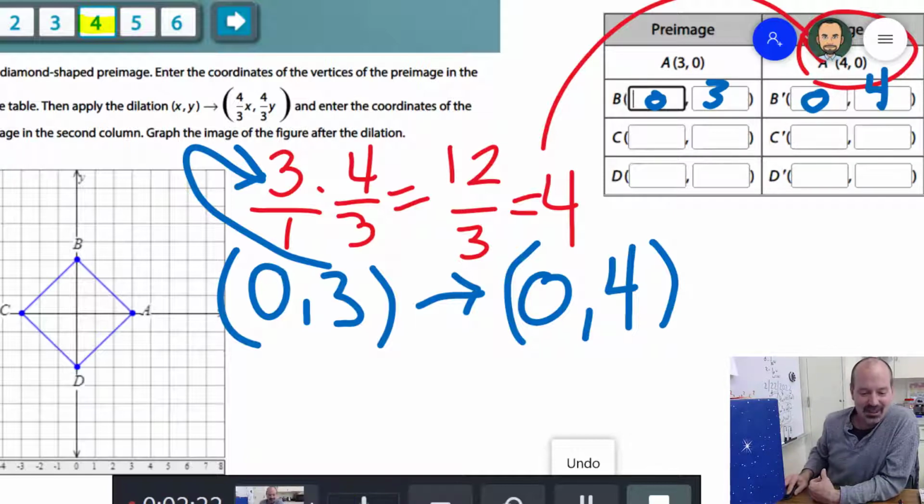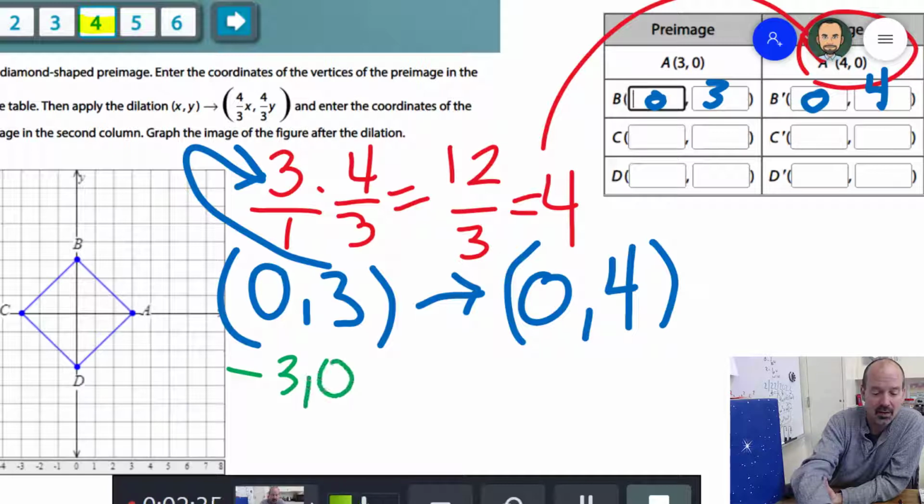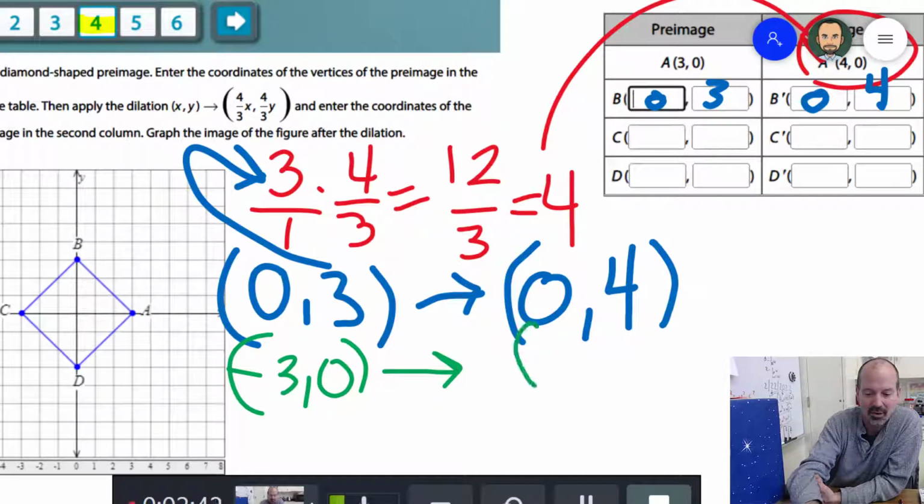All right, next one. We'll take a look at the coordinates for C. C is at negative 3, 0. Similarly, it's going to be multiplied by 4/3. And hopefully you're seeing a pattern now. I filled those numbers in right here.